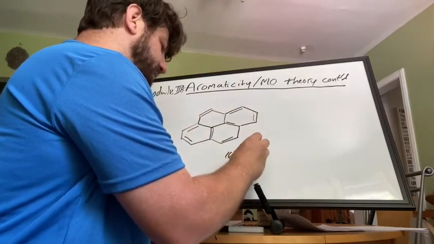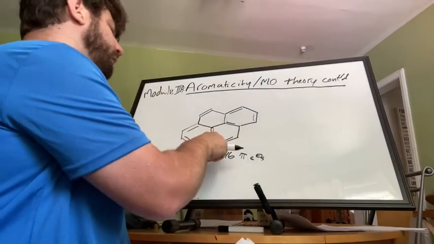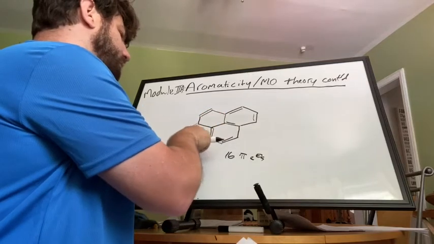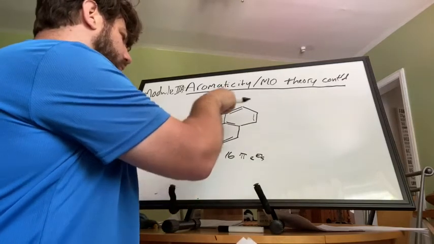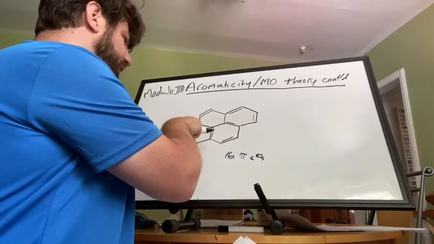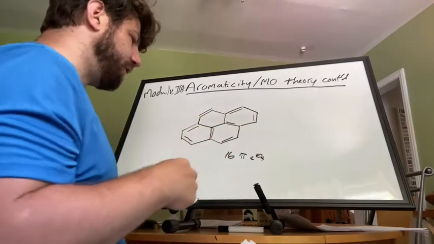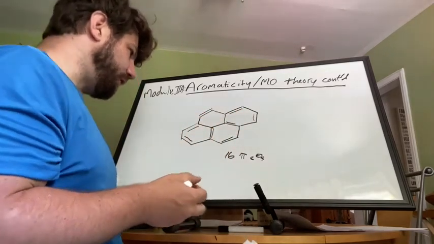Okay, so 16 pi electrons. Now notice that there's a total of 1, 2, 3, 4, 5, 6, 7, 8, 9, 10, 11, 12 about the periphery, right?